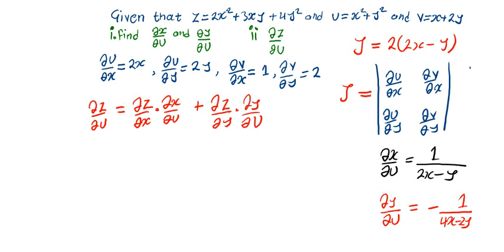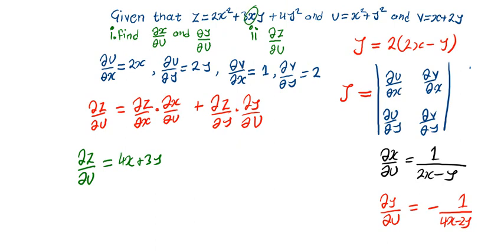So what's our partial of z with respect to x? This is our z right here. We just have to differentiate this with respect to x, and I believe we are going to get 4x plus 3y. The power drops, that's going to be a 4.